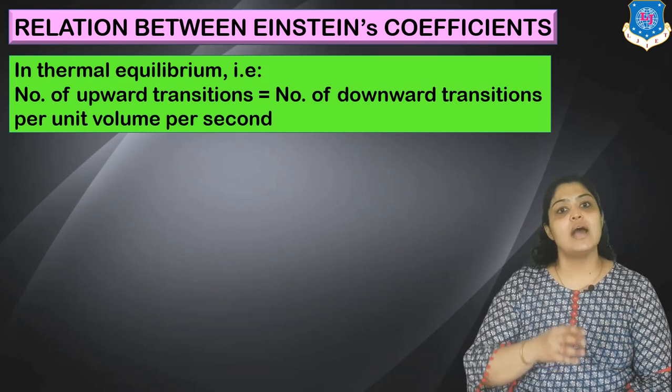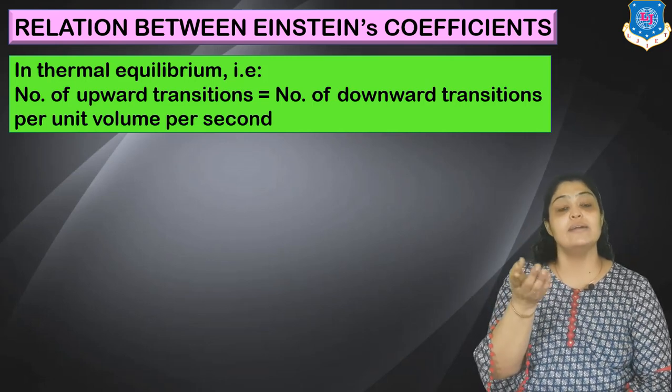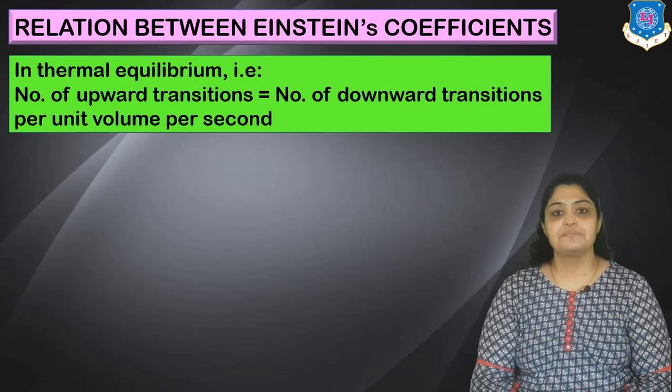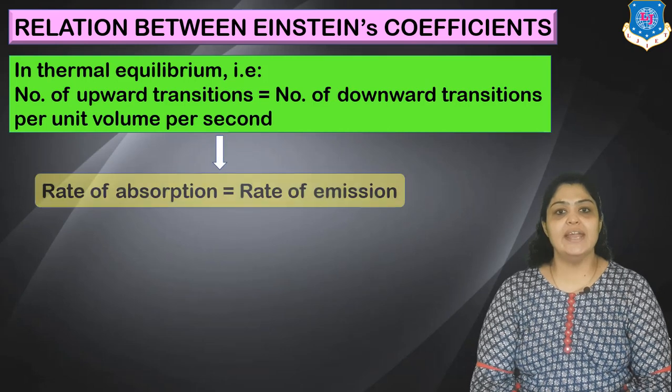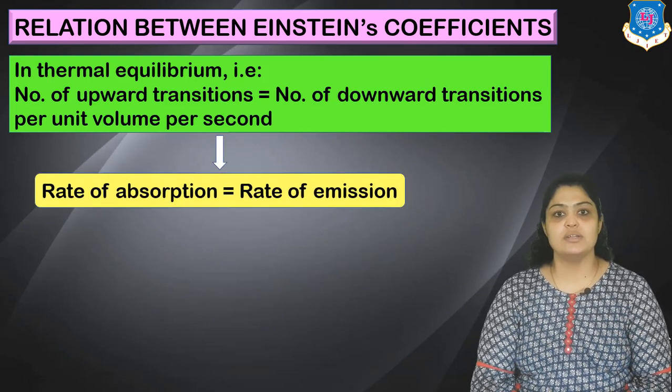So whatever atoms are moving from ground state or from lower to higher, the same should come from higher to lower. That means rate of absorption should be equal to the rate of emission.